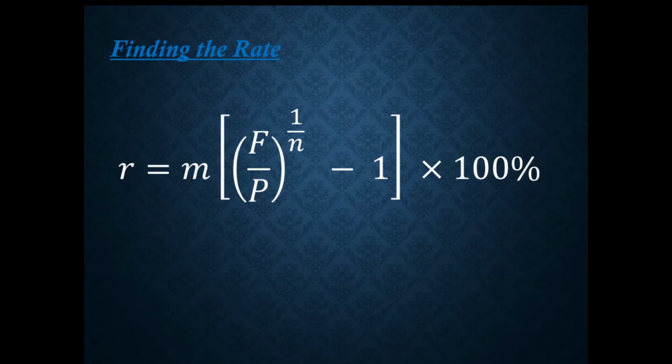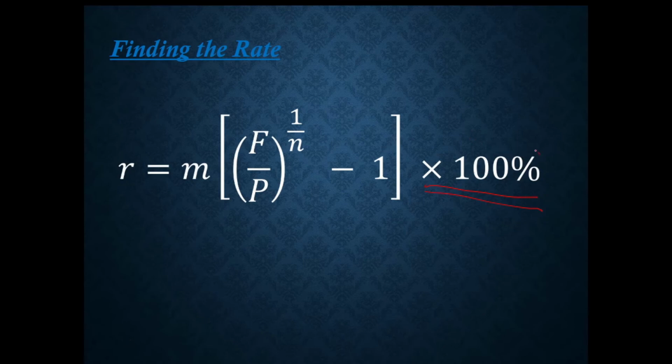So for finding the rate, there's a bit of a transformation, or a bit of manipulation in our formula, but it still came from the previous formula that we have. We also have there multiplied by 100% to indicate that our final answer will be in percent form.